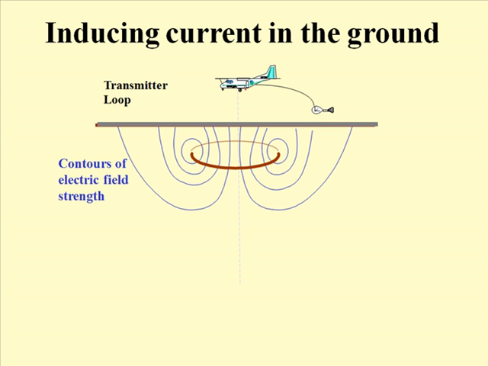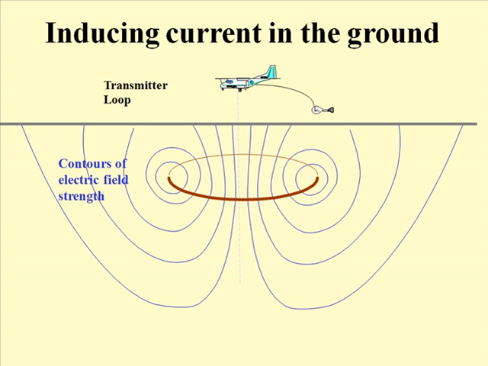And these currents decay away and induce other currents deeper again, as you see on the next slide. So the airborne electromagnetic system induces currents in the ground that penetrate down as a function of increasing time after the current in the transmitter is switched off.